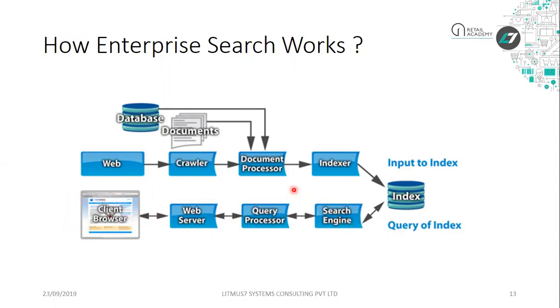First, we can look into the bottom one. That is something we are much aware of, what we used to do at least on an e-commerce site, or from our browser, where we search for some search text.